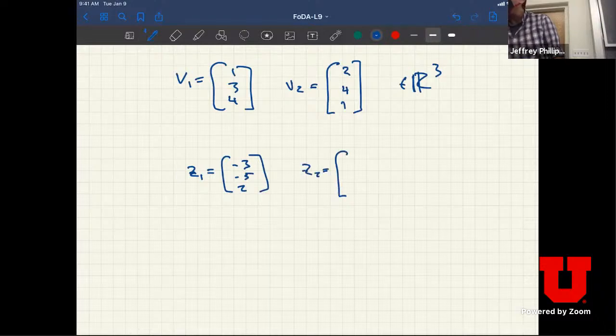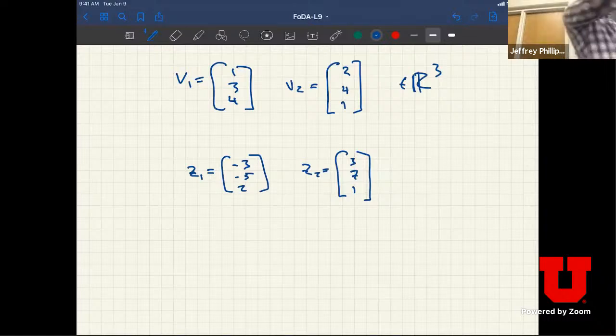Z2 is 3, 7, 1. So let's see which of the vectors Z1 or Z2 are linearly dependent or independent on V. Is Z1 linearly dependent or independent of V1 and V2?